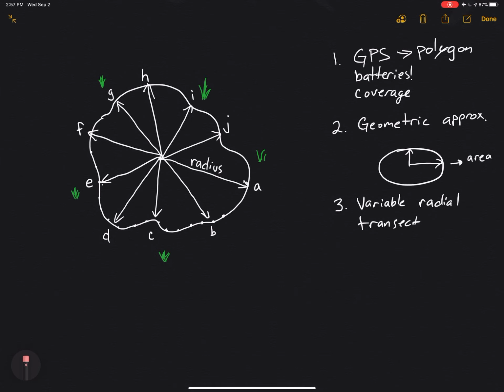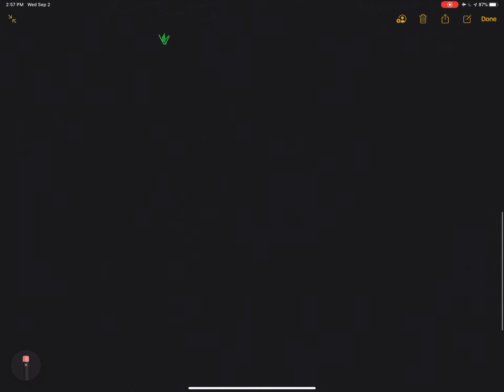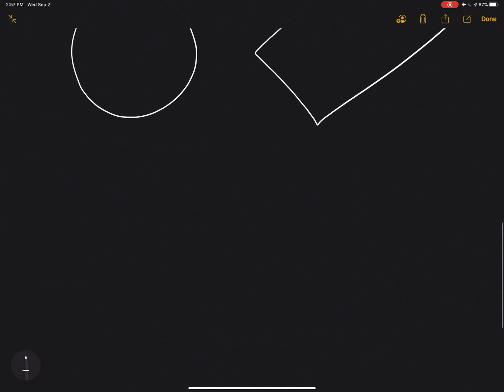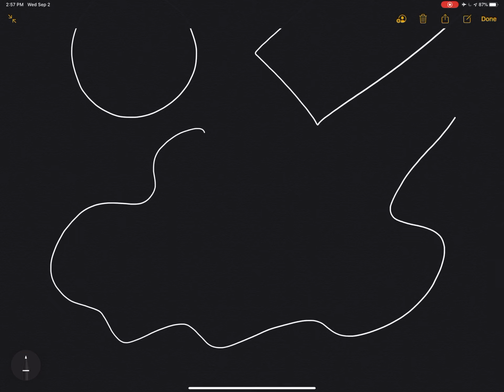So, this method is pretty functional with campsites that are very circular. This method is very functional with campsites that have sort of sharply defined corners, as is sometimes the case. And this is also really good for the most common case where we have sort of strangely shaped campsites, more amoeba-like or amorphous in their shape.